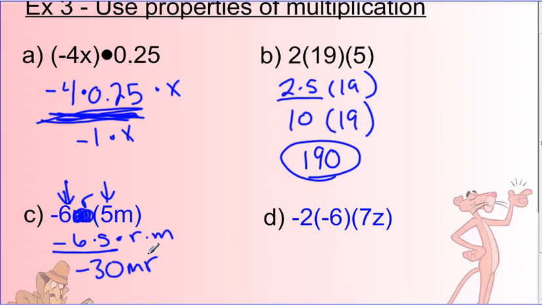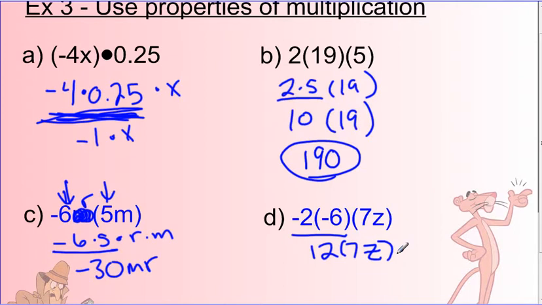When you're talking about variables and multiplication, you just line the variables up, and it really does not matter the order. You still get the same answer. Letter D. Hopefully you saw, okay, I can take -2 times -6 and get a positive 12. And if you stop there, you're only halfway.